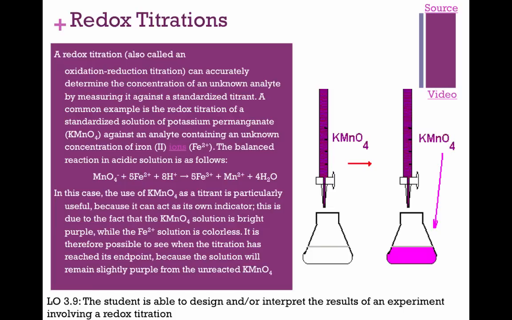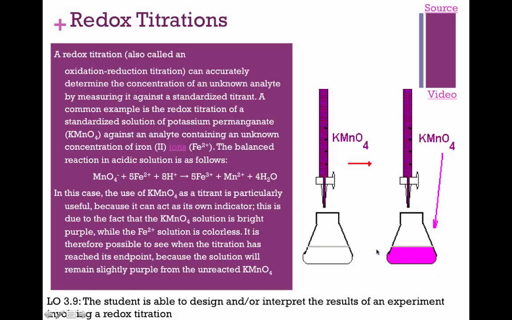In these redox titrations, one concentration is known and one is unknown. The whole point of any titration, whether it's acid-base or redox, is to determine the concentration of something. In this redox titration, if you notice, it went from clear to pink.